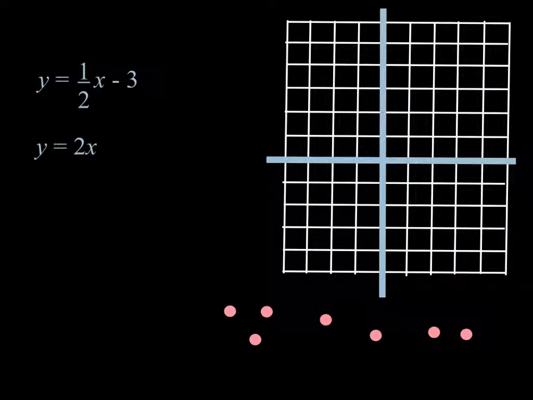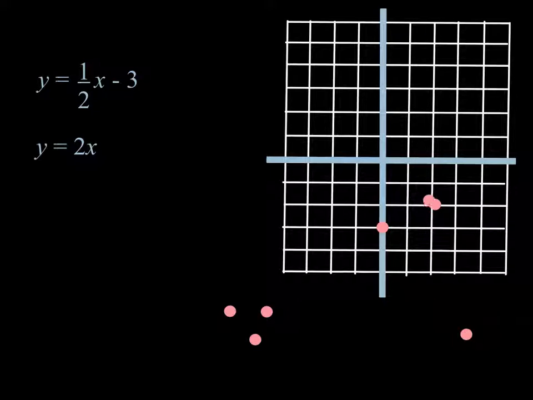Okay, one more example for this video. All right, we're going to start off with the y-intercept of negative 3. So I grab this, plot it at negative 3. The slope is 1/2. So from this point I go up 1 and over 2.